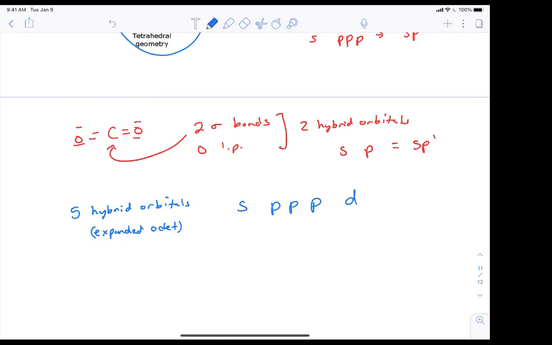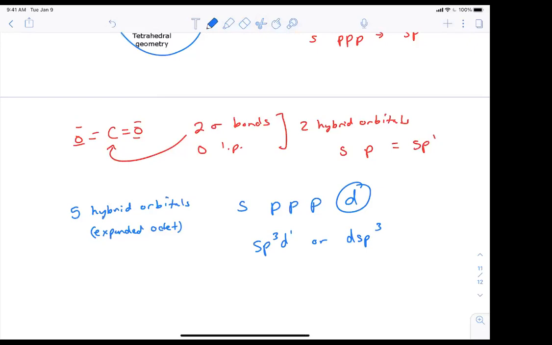This is why expanded octets require an empty d sublevel, because the empty d sublevel allows them to contribute d orbitals into hybridization, and so you get sp3d1 or dsp3, depending on how you want to write it. It doesn't matter, but either way you get a hybridization due to that. Whenever you look at what atoms can have an expanded octet, you ask: does it have 5 or more valence electrons, and does it have an empty d sublevel?